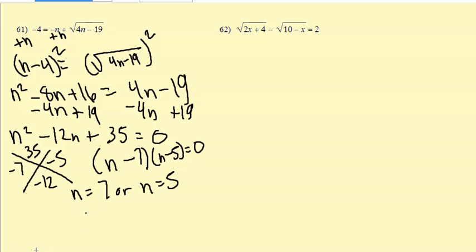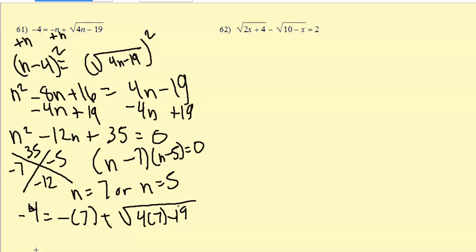Now we need to plug those in and see if they're both real or if one of them is extraneous. So let's plug in 7. Negative 4 equals negative 7 plus square root of 4 times 7 minus 19. If you plug that into the calculator, you'll get true.